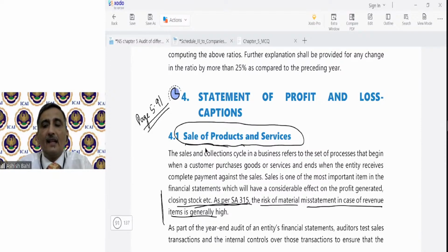So all the controls prevalent to these aspects will first of all be verified by the auditor. Okay.